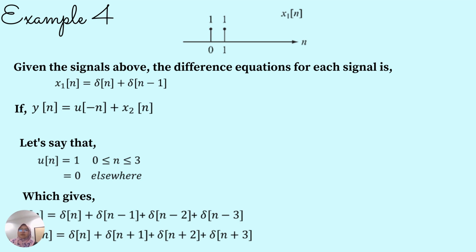Kita letakkan sebagai un equals to 1 pada 0 hingga 3, dan yang tempat lain semua jadi kosong. Kalau kita buat begitu, sebab 0 hingga 3 je kan, un equals to delta n plus delta n minus 1 plus delta n minus 2 plus delta n minus 3. Sebab kenapa saya guna delta n? Because it's still impulse, because value dia adalah 1 pada n yang berbeza kan.